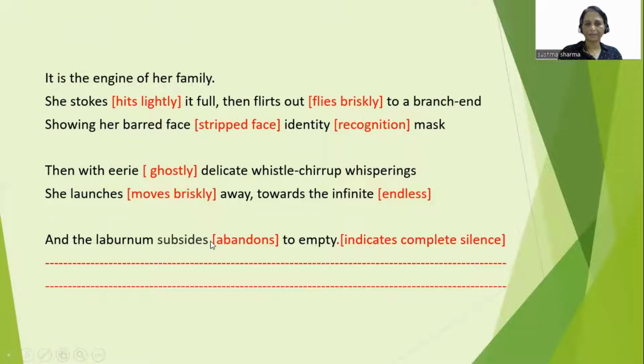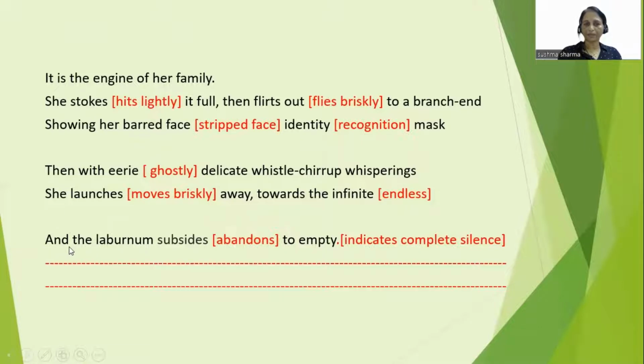And the laburnum subsides to empty because mother has gone. So the vibration of the wings of the young ones stopped at once, and they were not emitting any sound.